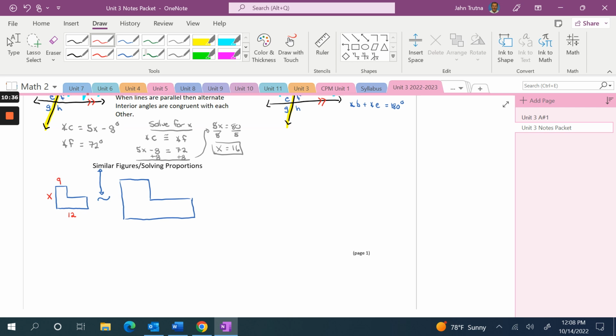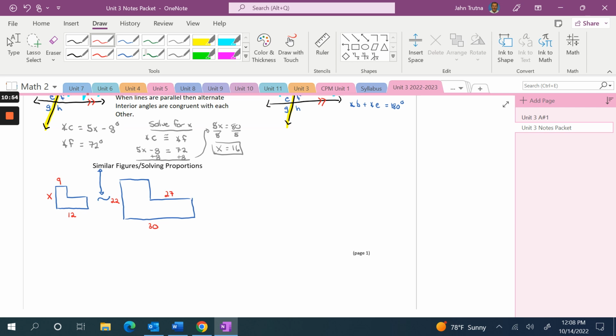And then let's say in the big hexagon, this part right here is 27, the left vertical side is 22, and then the bottom is 30.